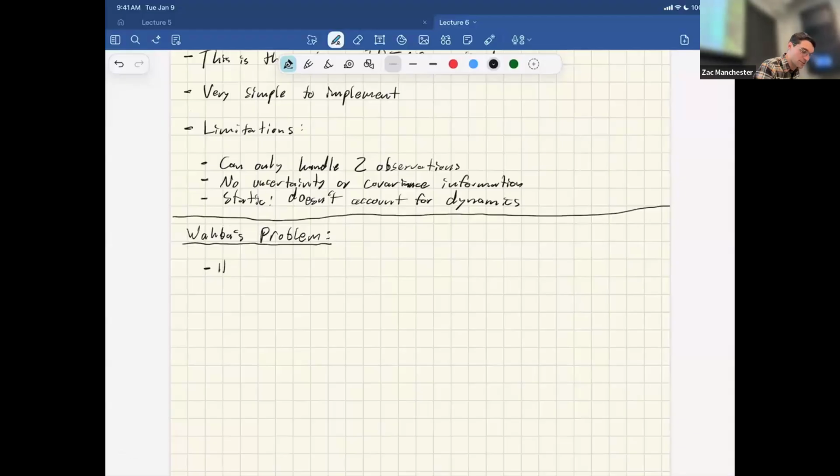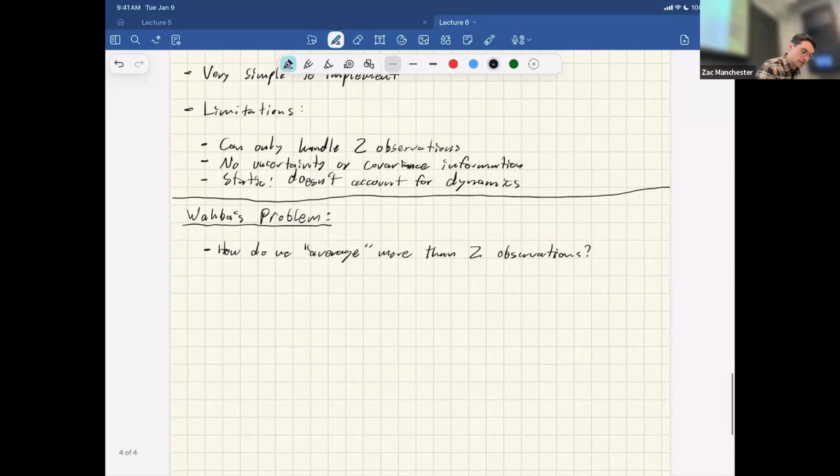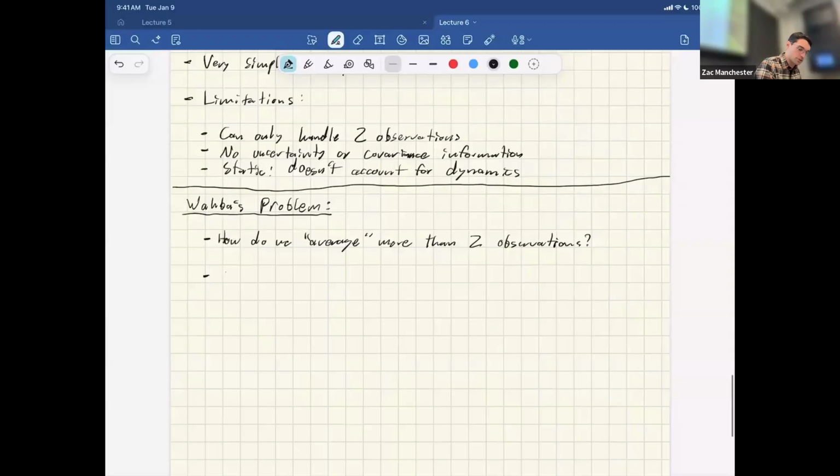Okay, so the question is, how do we average more than 2 observations? And what we're ultimately going to do is least squares. So here's what this looks like. We define this least squares cost for attitude.